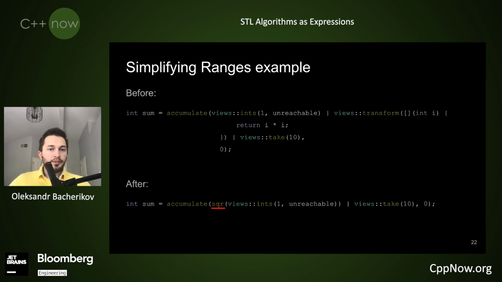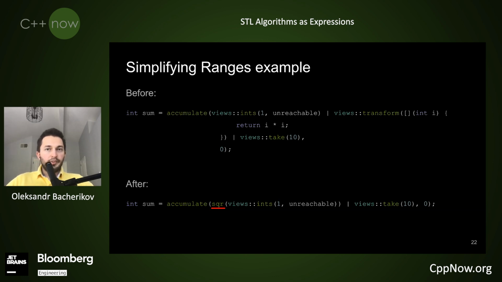So if you get back to the ranges example we saw before with the square operation, we could rewrite it by just applying the square function object to the range. At first sight, the syntax may not be immediately clear, but it's used in all the linear algebra libraries for vectors and for matrices.